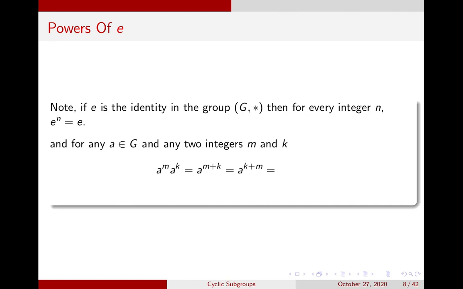So a to the m plus k is equal to a to the k plus m, which, using our rules for exponents, is a to the k times a to the m. The point of this string of equalities is that powers of a commute. Any two powers of a commute. a to the m times a to the k will always be a to the k times a to the m. Not too surprising a fact.